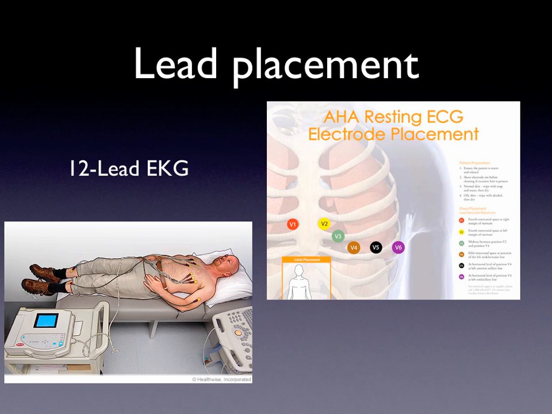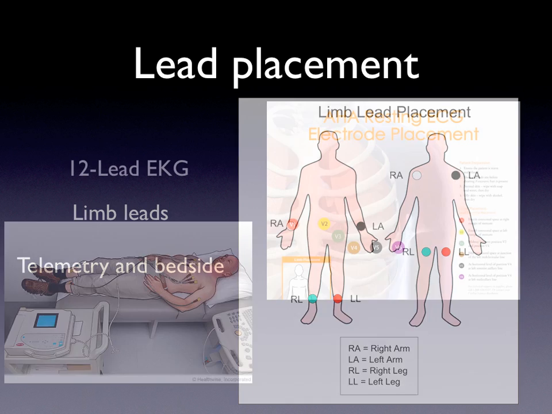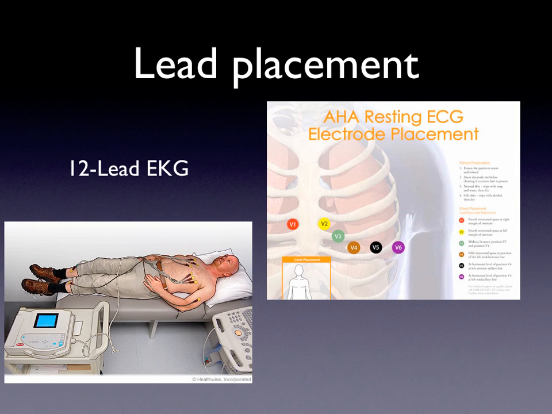Remember that also goes along with the placement of the limb leads that you see on the left here. And if you look at the patient on the other slide, there are the limb leads. One of them is shown on his left arm, and then the other two are shown down there on his shins. Hopefully you can see that there.